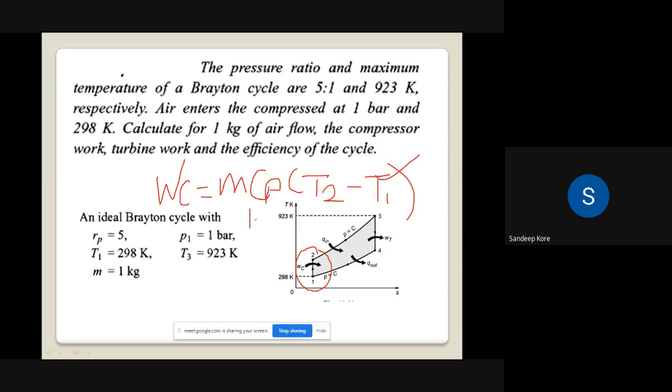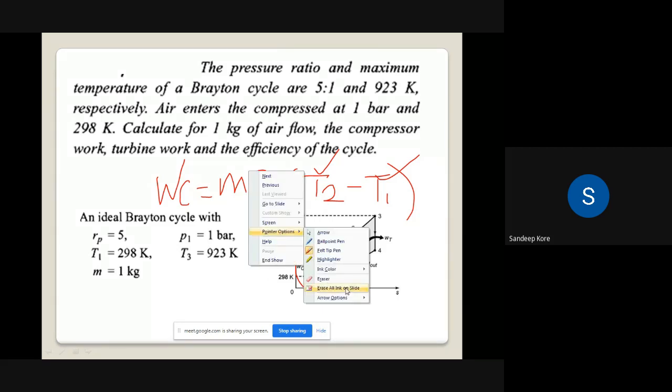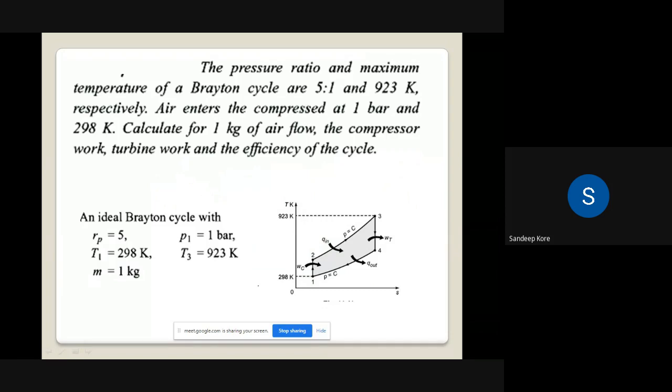Cp of air is 1.005 kilojoule per kg Kelvin. Mass is 1 kg. Then T2 we don't have. So how to find T2? We have to use process 1 to 2, that is isentropic compression. Anybody? How to find T2?